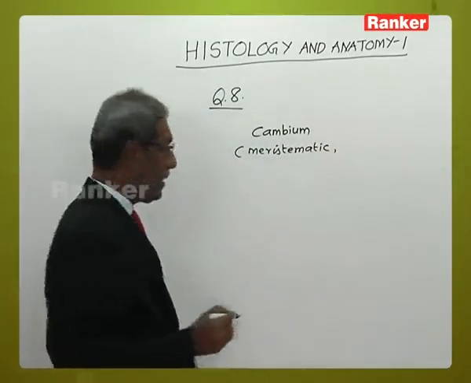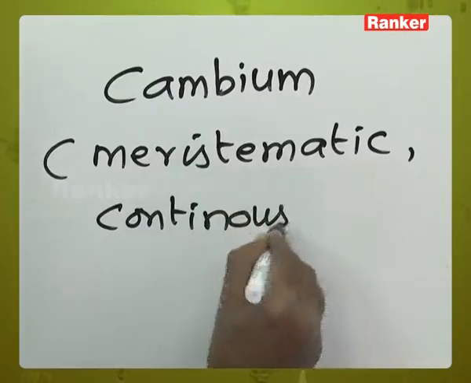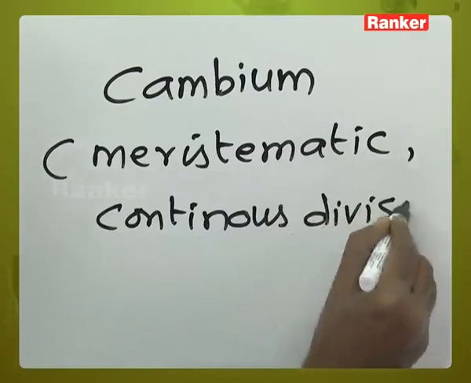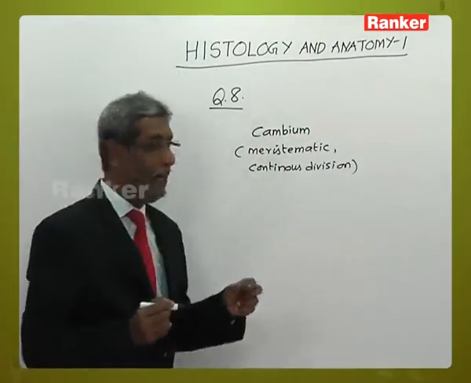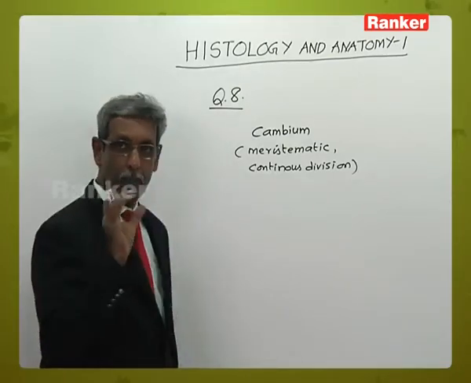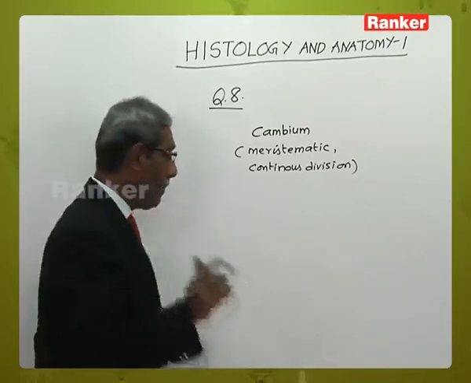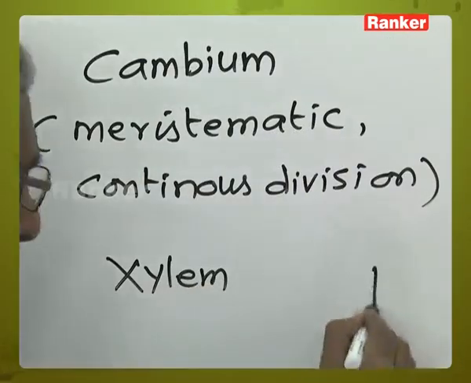They are in a state of continuous division. And a cambium primarily is a dividing group of cells, and the dividing group of cells normally occurs between the xylem and the phloem.